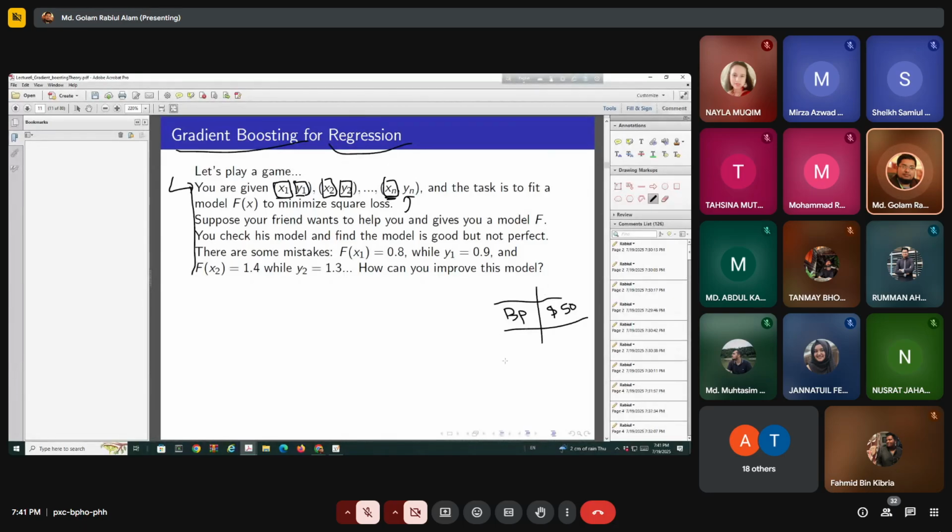Now you want to find out the stock price of Bitsimco Pharma, maybe in December, maybe 30. So you want to predict what will be the value.